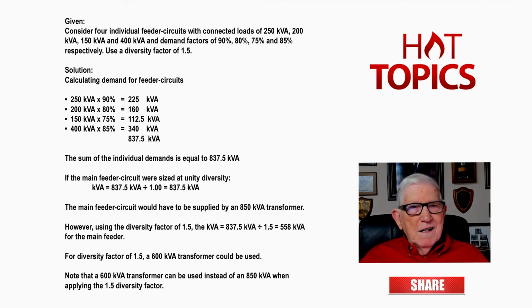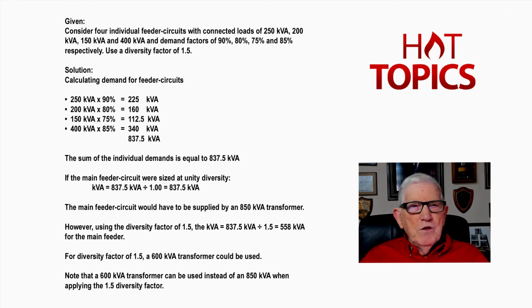So now, calculating the demand for the feeder loads, you'd have 250 kVA times 90%, 225 kVA. We would have then 200 kVA with 80% demand, 160 kVA. We'd have 150 kVA at 75%, we'd come up with 112.5 kVA.